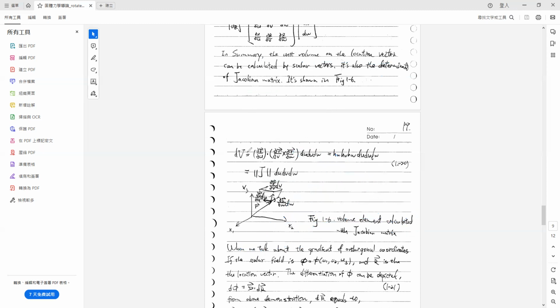So why should we calculate the dV? We will apply it like the finite element method.